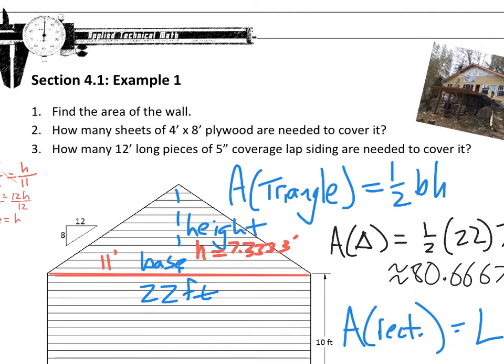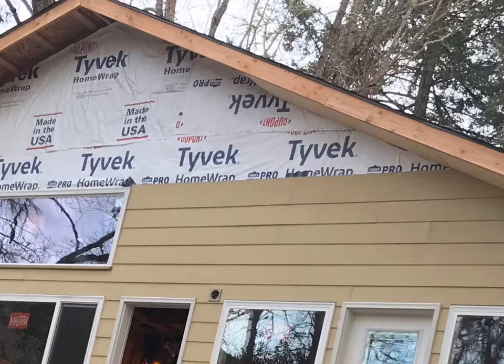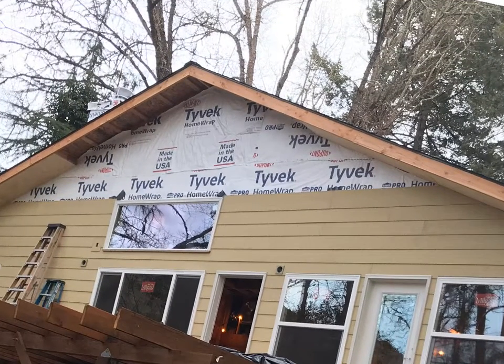All right. So now one more question is this. How many 12-foot long pieces of siding do we need if it has a 5-inch coverage lap siding? Okay, so what does that mean? Well, these boards here, and it's kind of fuzzy in that picture, cover a certain amount.